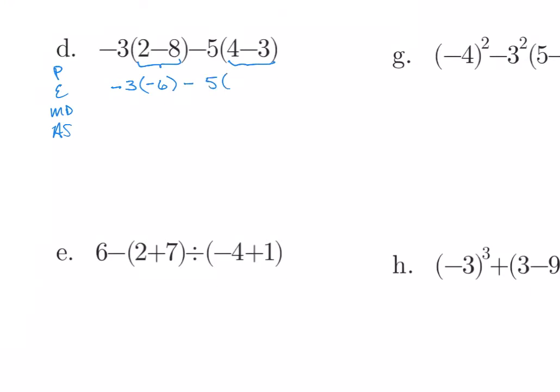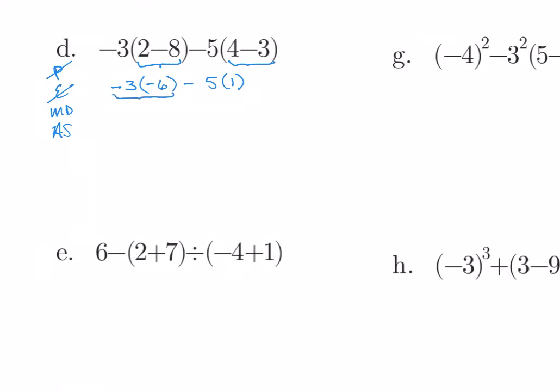Minus 5 times 4 minus 3 is 1. We have no exponents. Now let's go ahead and take care of our multiplications and divisions.